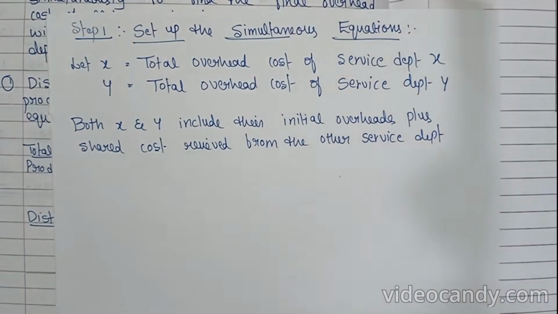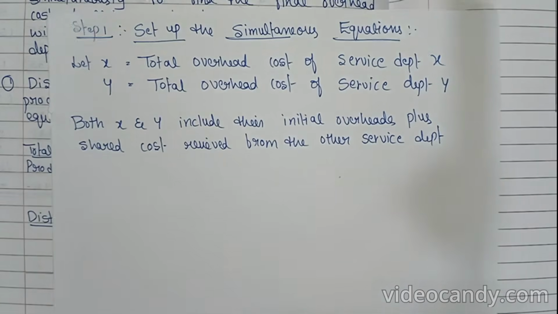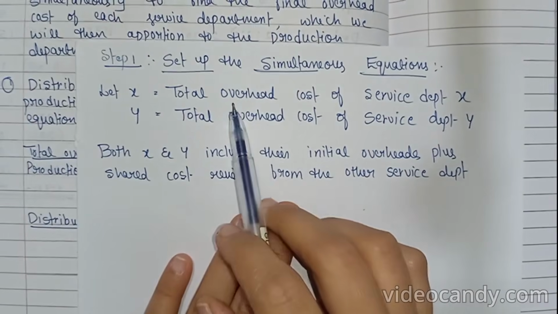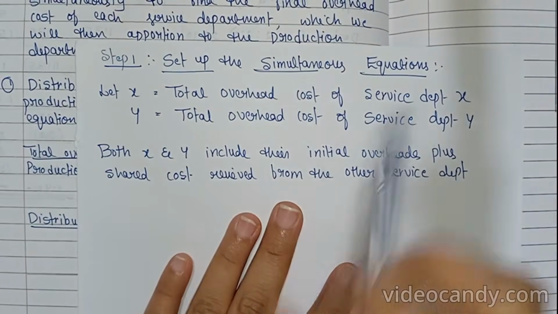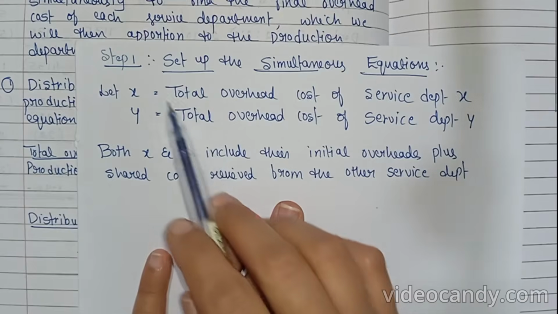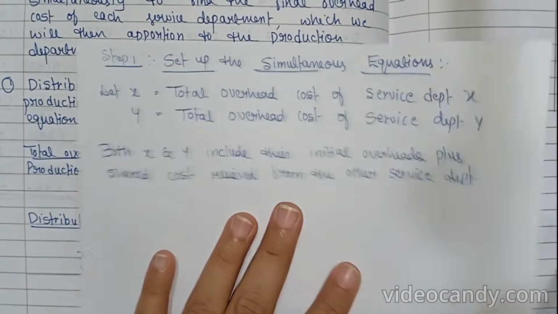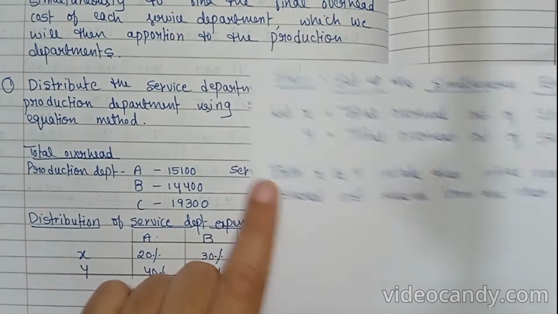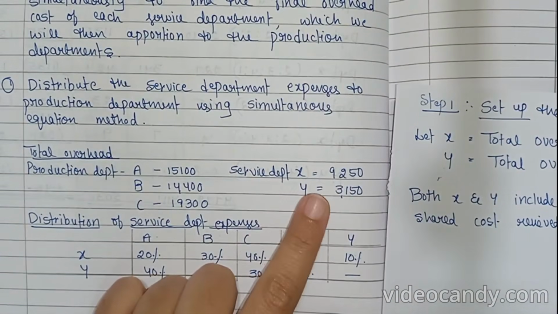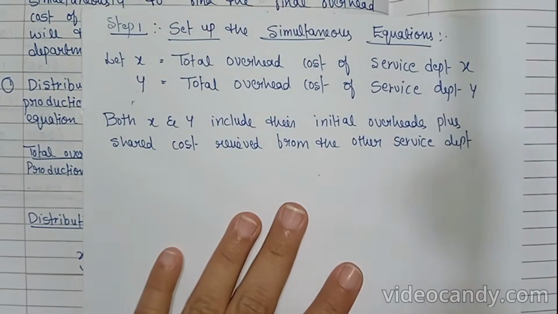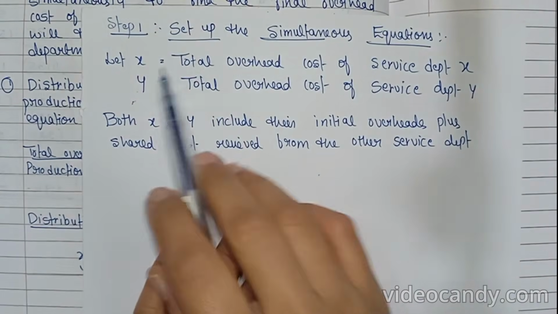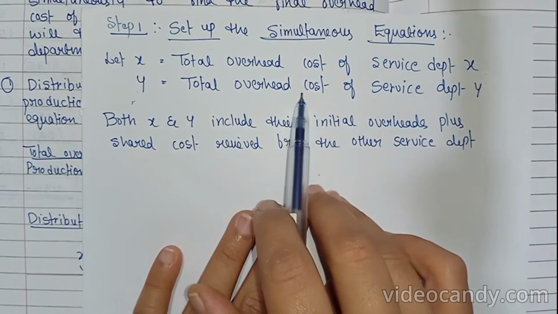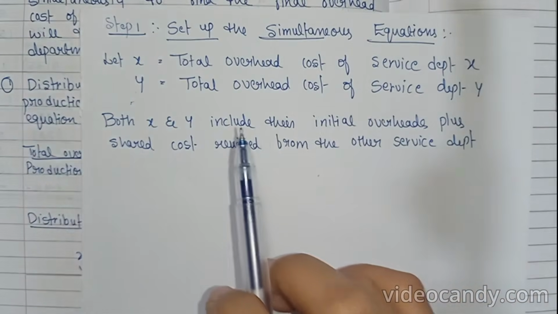First, let X equal the total overhead cost of service department X, and take Y as the total overhead cost of service department Y. Till here it is clear, right? X means total overhead cost of service department X, and Y means total overhead cost of service department Y.